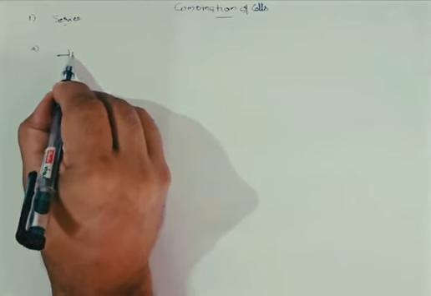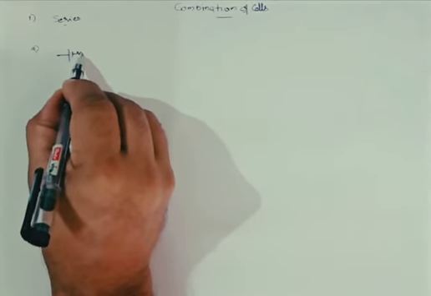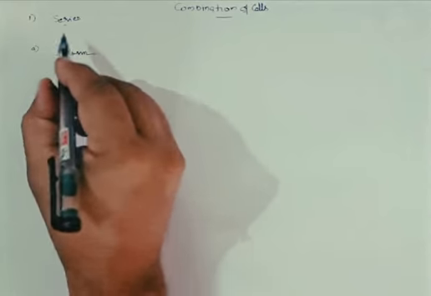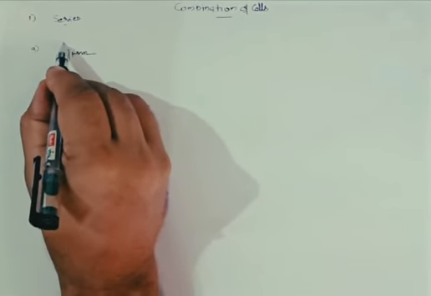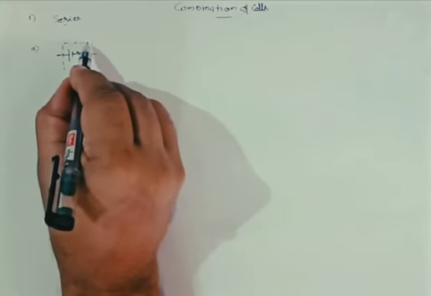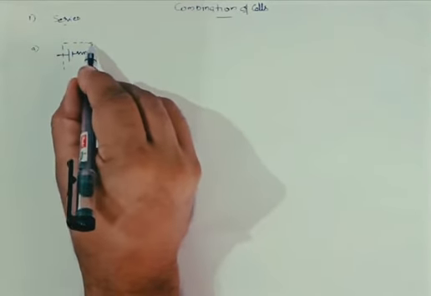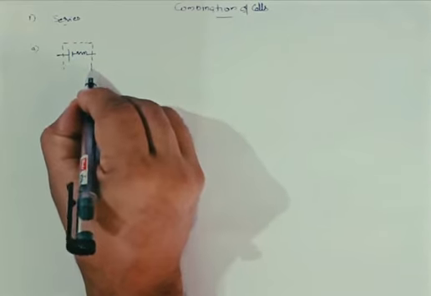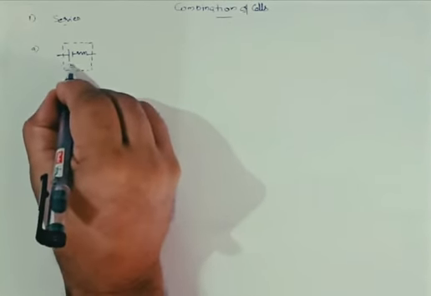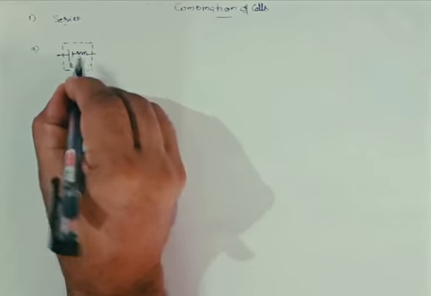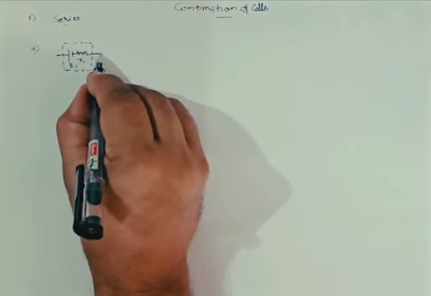Here we have two cells of EMFs E1 and E2 and internal resistors R1 and R2 connected in series with their polarity in the same direction.